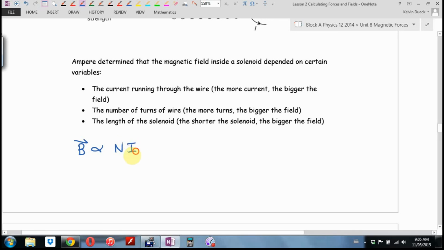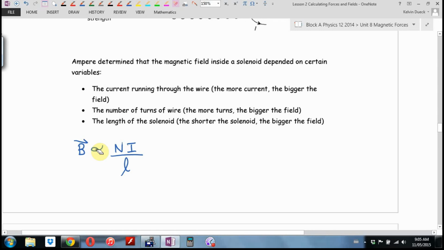He said it also depended on the current. As the current got bigger, the magnetic field got stronger. But he found as the solenoid got longer, the magnetic field got weaker. So he said, if you cram the wires together so they overlap more, you get a stronger magnetic field. And then he said, but I'd like to replace this with an equal sign.